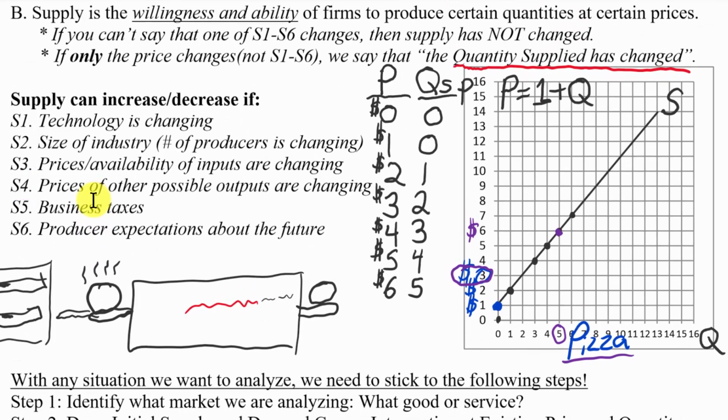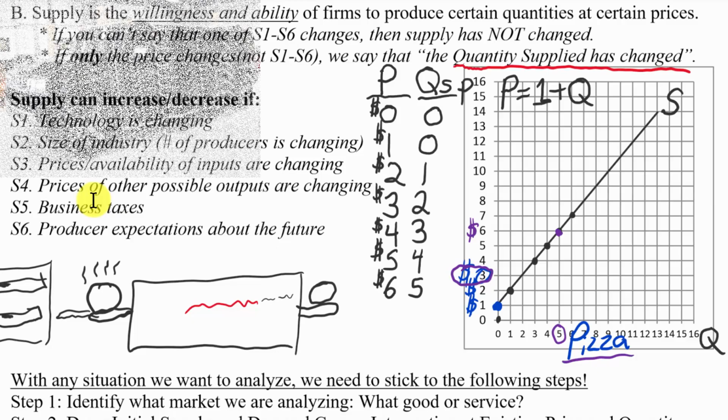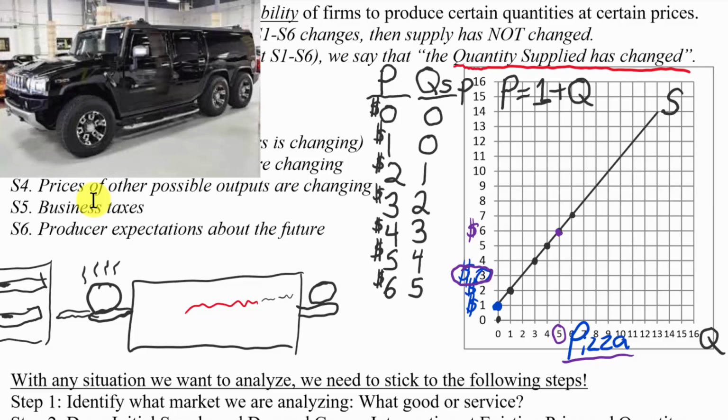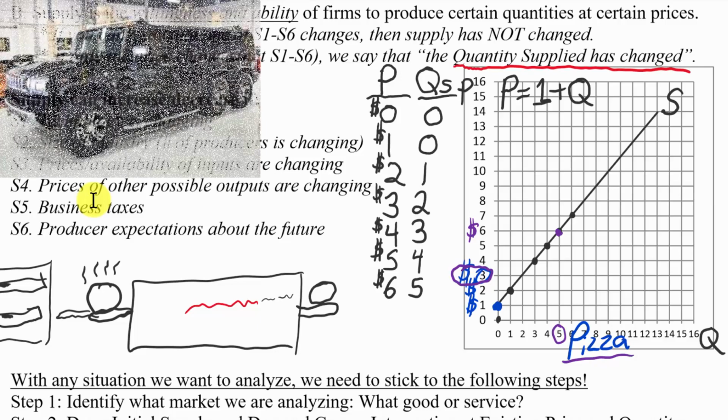A few years ago, when the price of gasoline was up around $3 or $4 a gallon, Ford and Chevy and all the other car manufacturers found that they just couldn't sell SUVs anymore for high prices. If they were going to sell SUVs, people weren't willing to pay as much because the price of gas was so high.